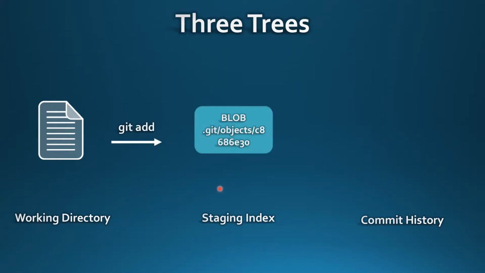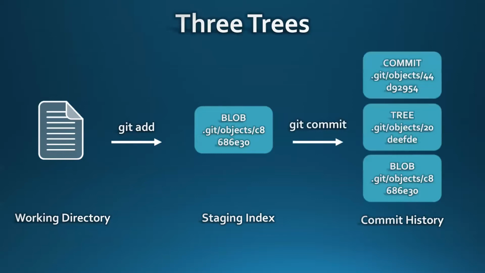It's a blob file, which means just a compressed file, and it will be located under the objects C8 directory with its hash file name. So it's now saved, compressed, and copied to the subdirectory. When you do git commit, it's going to create 2 more objects, and it's now considered to be part of your commit history.